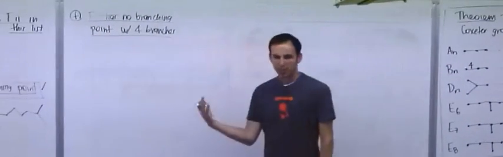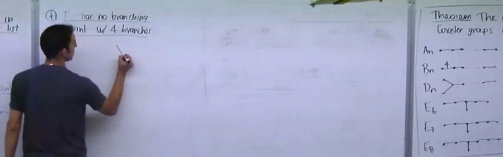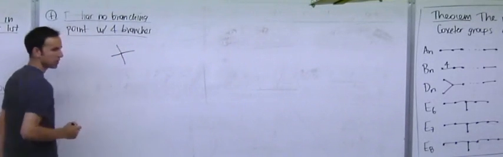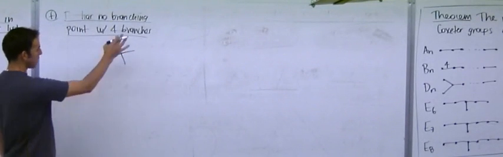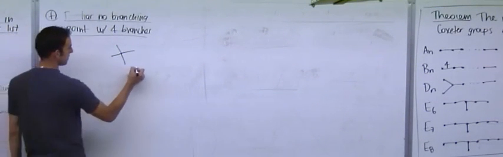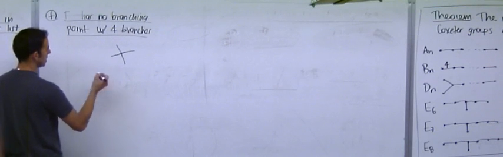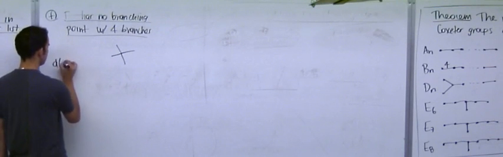How do I do that? Well, I keep making the very same argument, which is to say, okay, if I did, then I would have some part of the graph that looks like this. I might have more branches, I might have more things, but I just focus on this part, and this part should be positive definite. Okay. But what's the determinant of this part?